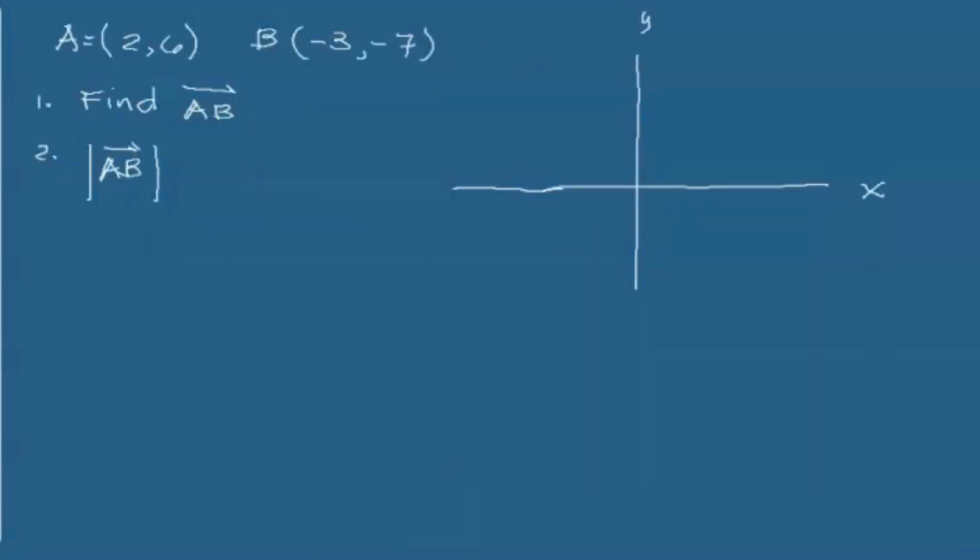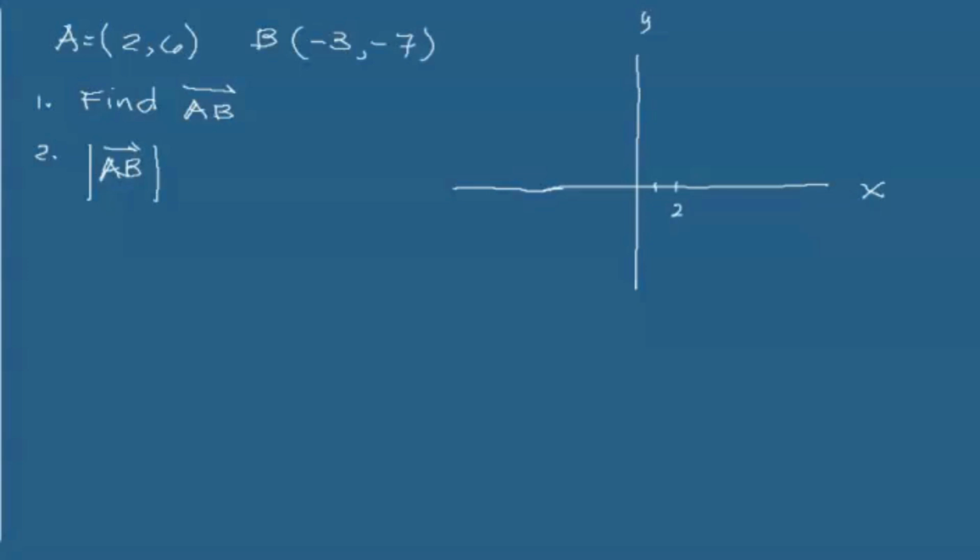Next example is we're given 2 points, A and B, and we're asked to find the vector that runs through it, and also we're asked to find the length of vector AB. So let's start by plotting the points. So A is 2, 6.